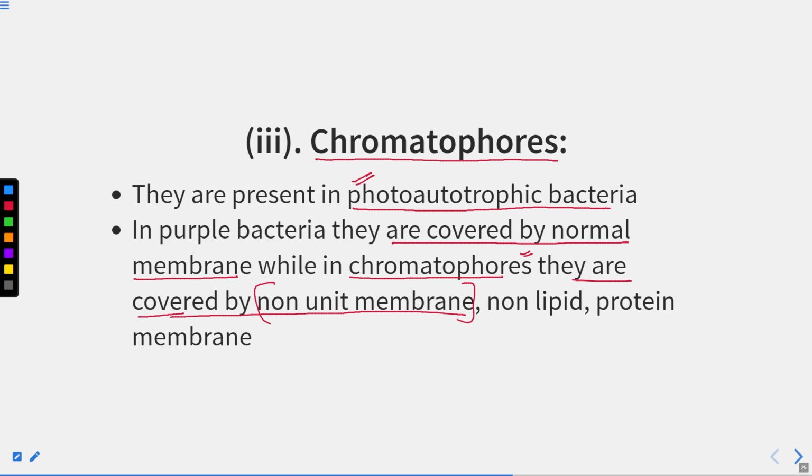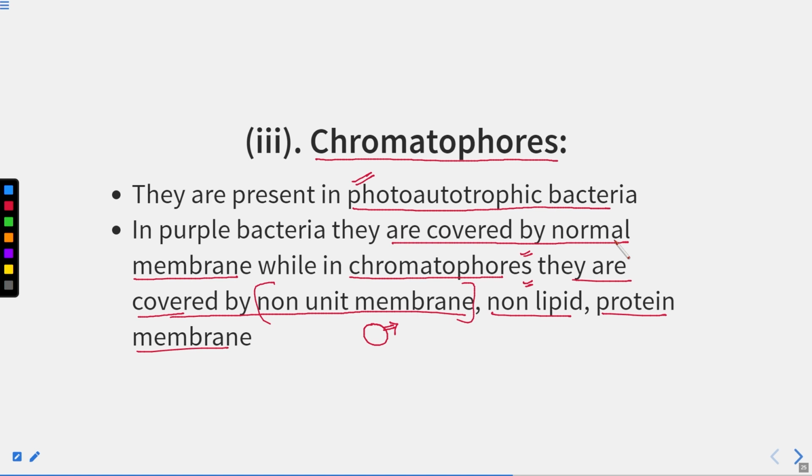In a bacterial cell, something bound by a non-unit membrane cannot be called a membrane-bound structure. Very important. So chromatophores are covered by a non-unit membrane, meaning it is not a lipid-protein membrane. It is a membrane simply, but not a unit membrane, so it is not considered a membrane-bound organelle. These chromatophores are present in the photoautotrophic bacteria.